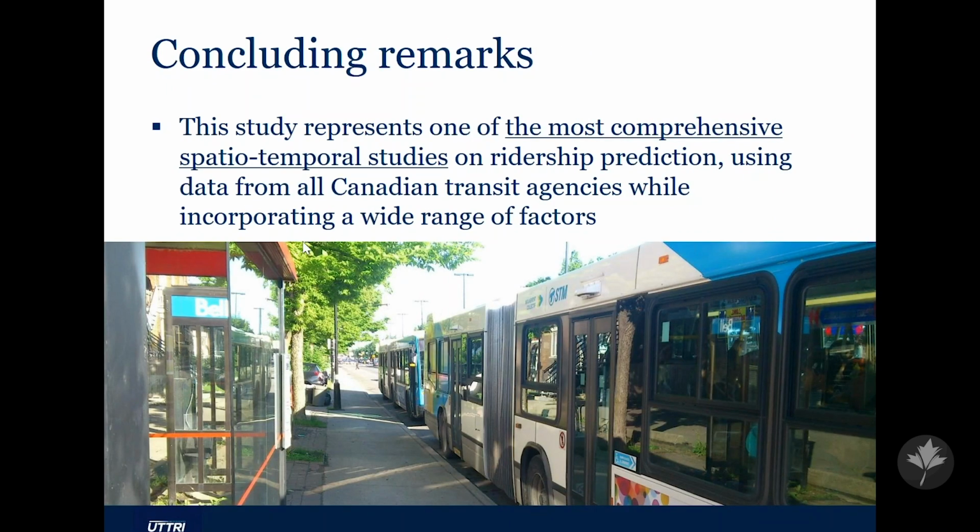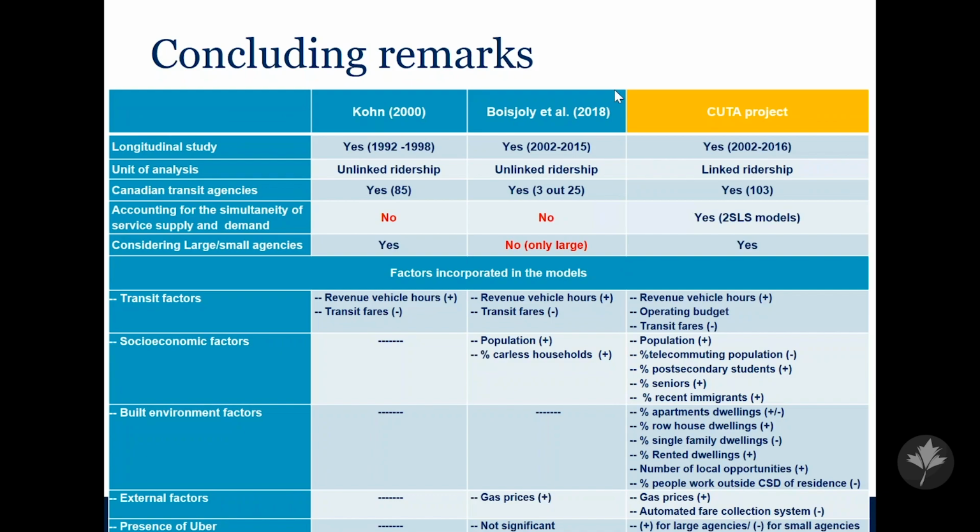So as concluding remarks, this study represents, compared to other studies in the literature, a very comprehensive investigation of both spatio-temporal variability in ridership across Canada, using data from all transit agencies across the country, while incorporating a very wide range of factors, not focusing on 1 or 2 classes, but actually 4 classes of variables that were tested here.